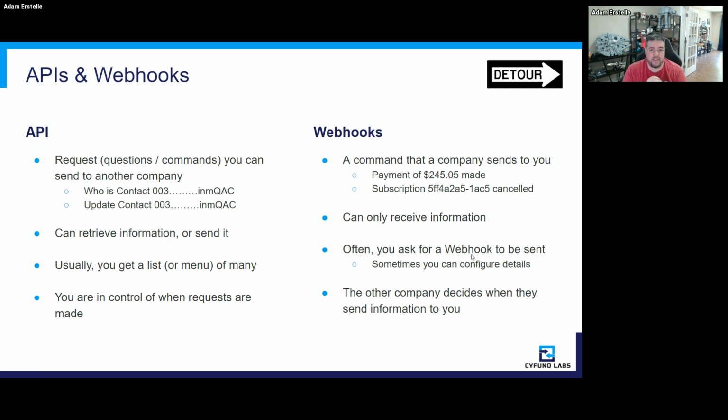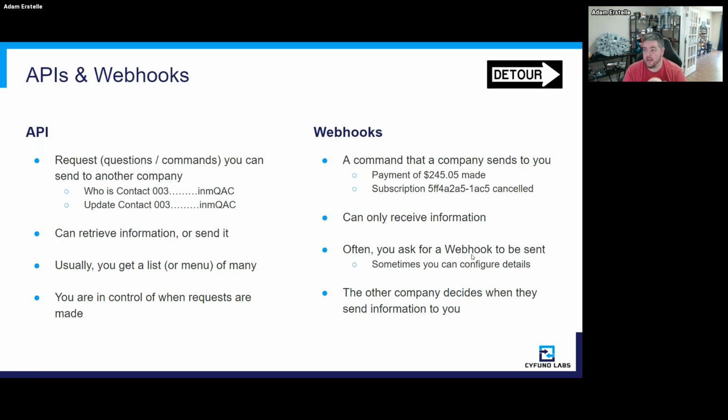Often that's presented in terms of user documentation, but sometimes the API itself will allow you to ask questions about it. It's kind of a mind bend, but it's cool. But again, with an API, you are 100% in control of when those requests are made. If you don't send an update, nothing's going to happen.